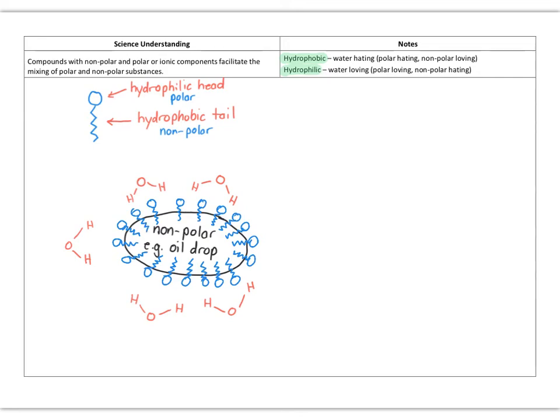So all of these special molecules can actually surround a little non-polar molecule, like a drop of oil that might be in water, and form this special structure. We call this structure that they form a micelle. And a micelle is very important. They're also very, very common in biology.